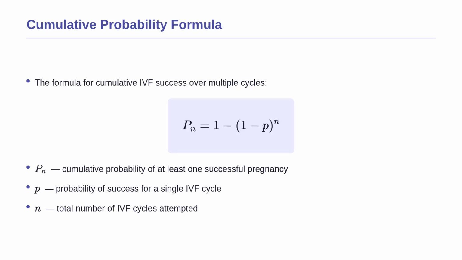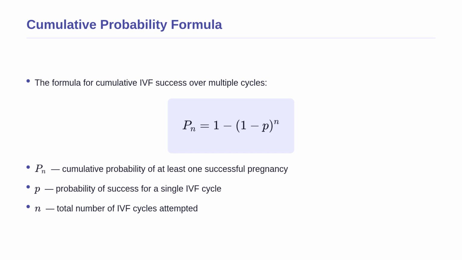This brings us to the mathematical model used by fertility specialists. The formula is P_n = 1 - (1 - p)^n. Let us break down what each symbol means. P_n represents the cumulative probability of achieving at least one successful pregnancy after a specific number of cycles.